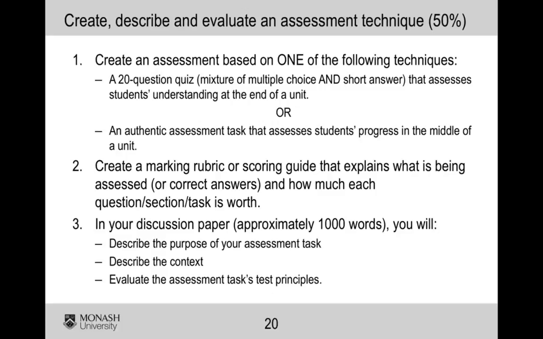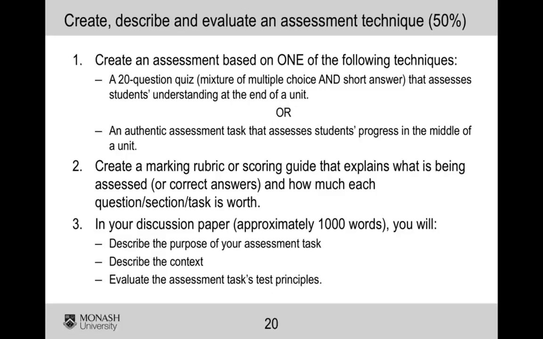Then describe the context. So who are the students? What particular year level are they in, or what unit are they learning about? Where does this sit within other particular units or lessons, and so on? And most importantly, you need to make sure that you connect it to the Victorian curriculum, a content description or content descriptors, and an achievement standard.